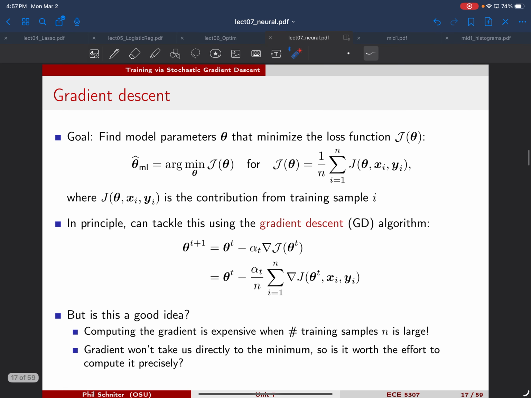Okay, so let's come back to gradient descent, which is sort of our workhorse algorithm. And remember, what we're typically doing is we come up with this loss function, typically like a negative log likelihood, and then we want to find the parameters that minimize our negative log likelihood to give us the parameters that we use for our network.